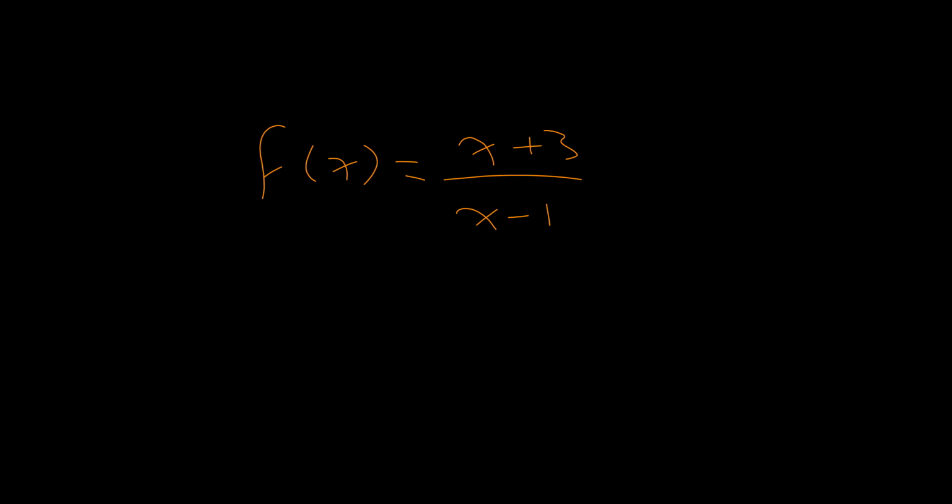But if here now you put x as 1, 1 minus 1 is 0. And up, it's going to be 1 plus 3, which is 4. So that means it's going to be 4 over 0. 4 over 0, will it give us a value for y? No value for y. So that means x = 1 is excluded from the domain. So in this case now, the domain will be all real numbers except, we write it as minus, the numbers that make the denominator 0.